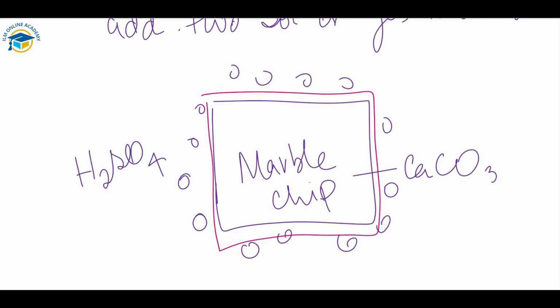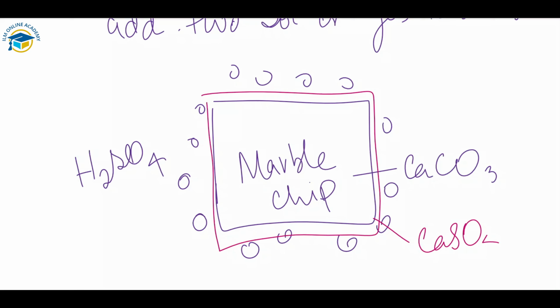When calcium sulfate is formed, what will happen? The hydrogen ions can't get at the marble chips because now the calcium sulfate is formed. So this insoluble calcium sulfate soon forms a layer on the surface of the marble chips, stopping any further reaction. This reaction also emphasizes that some salts are insoluble in water.